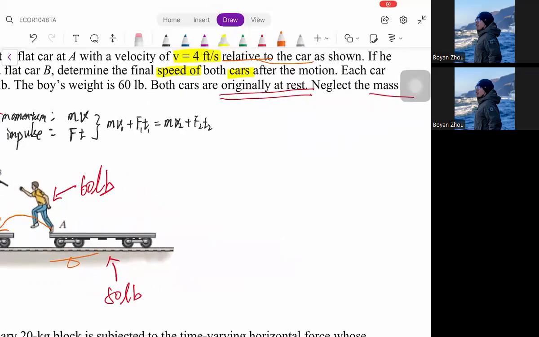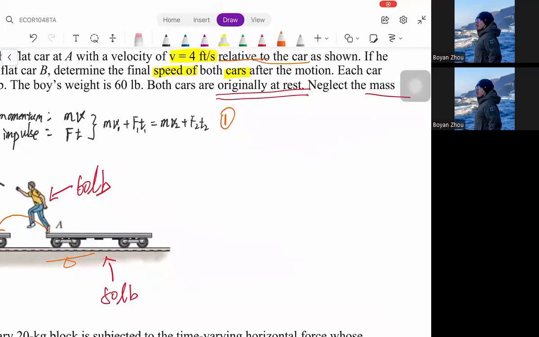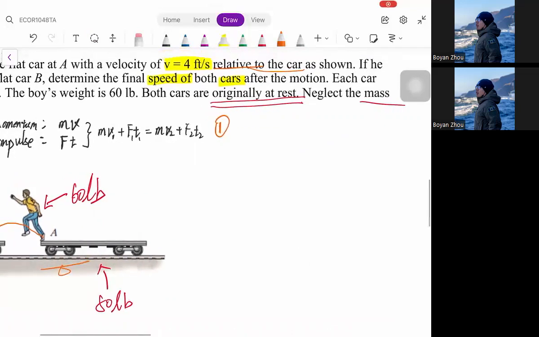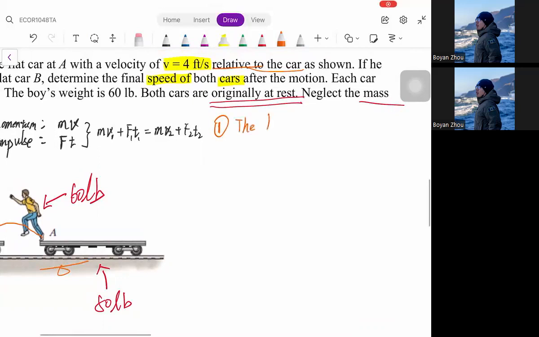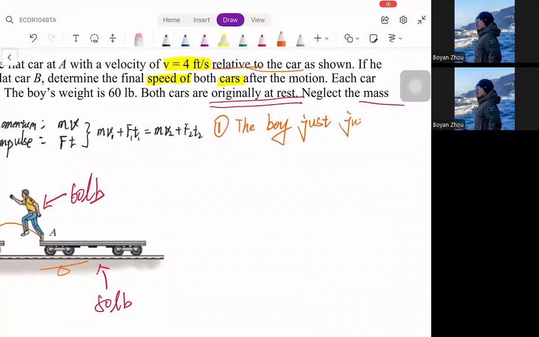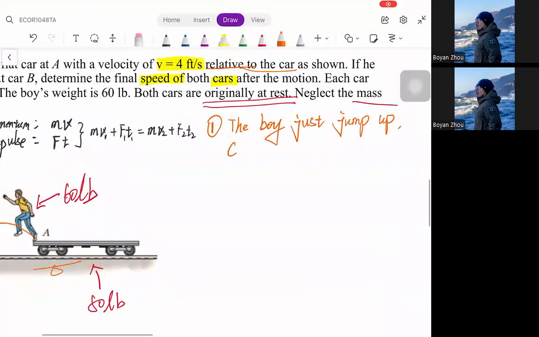So the first moment we're going to consider is when the boy has just jumped out, not yet landed, still in the air. He's just jumped out and car A is moving backward.